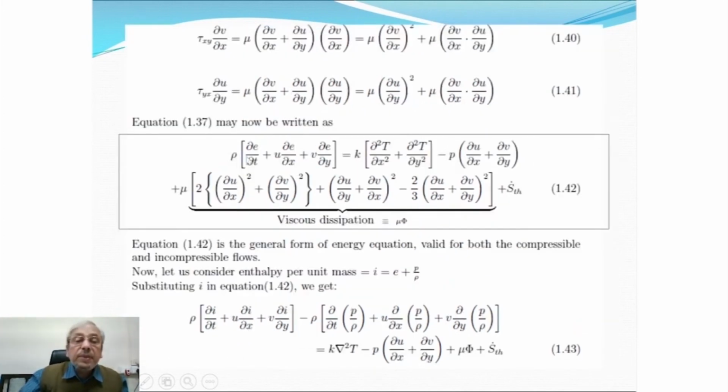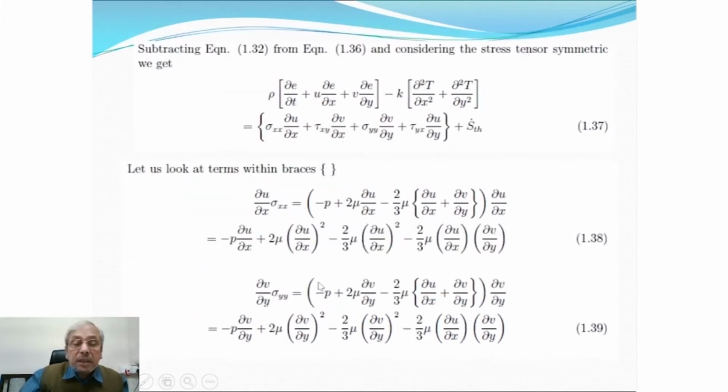Left hand side we have written same: rho del E del t plus u del E del x plus v del E del y equal to k into del 2T del x2 plus del 2T del y2, the diffusive terms, minus, so from these we can see these four terms. This is 1 2 3 4, 1 2 3 4.